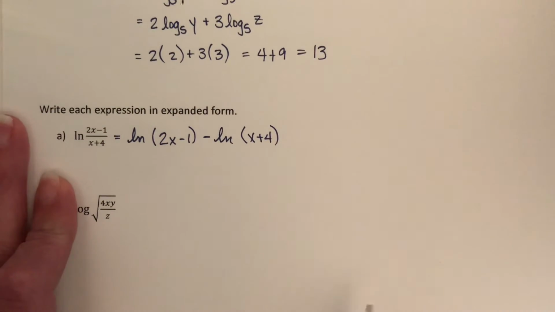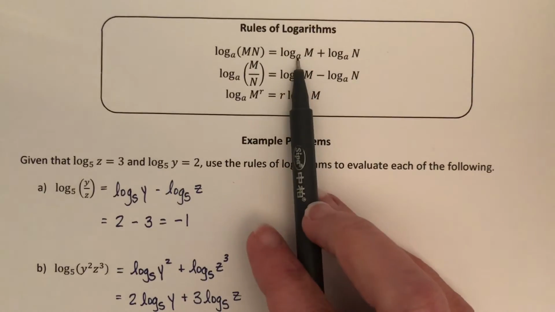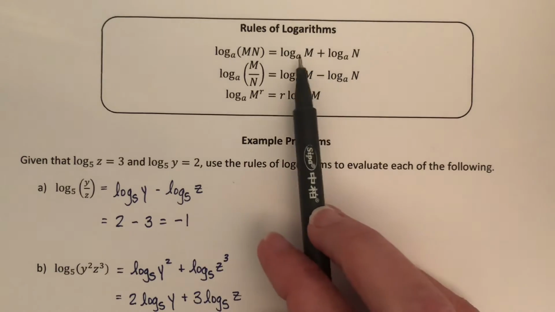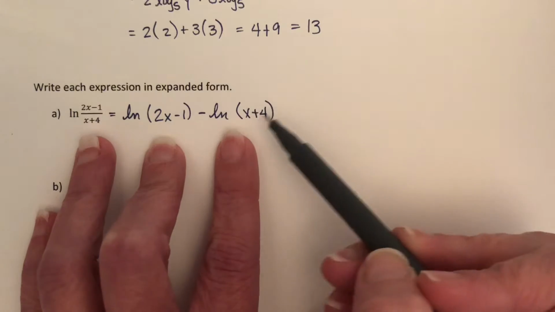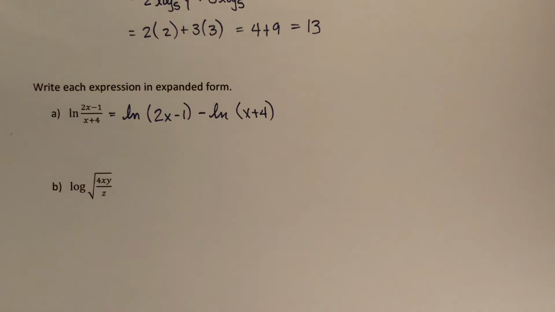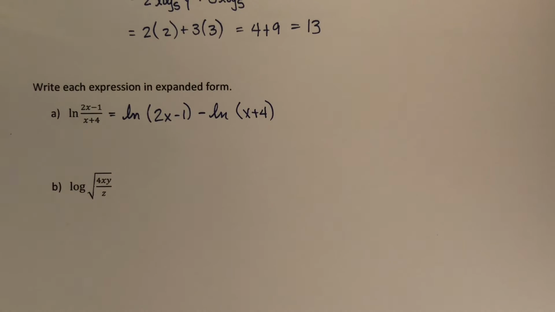And that's actually all we can do with it. Because don't let this mess you up. We are allowed to combine logs that have a plus sign between two logarithms. But we are not allowed to do anything when the addition and subtraction is inside the argument of a logarithm. We have nothing that allows us to do that. So this is as expanded as possible.